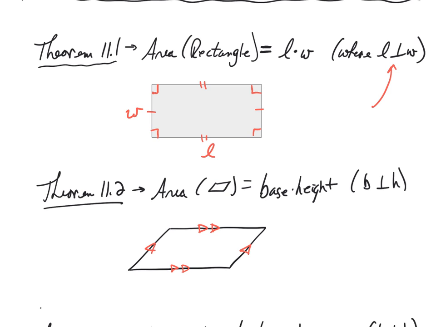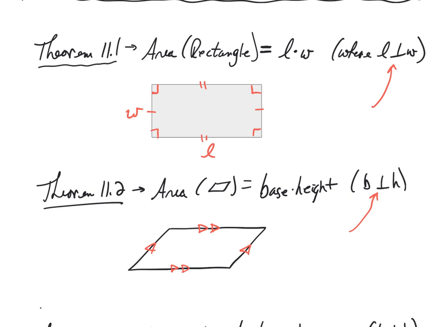Okay, theorem 11.2 gives us the formula for the area of a parallelogram. The area of a parallelogram is the base multiplied by the height. Again, the condition: when we use the word height, those two have to be perpendicular to each other. This is a little bit trickier because in most parallelograms, we don't have 90-degree angles, right angles going on.